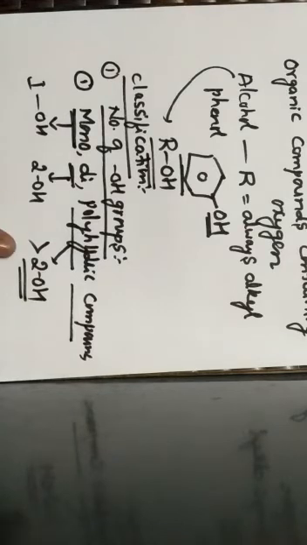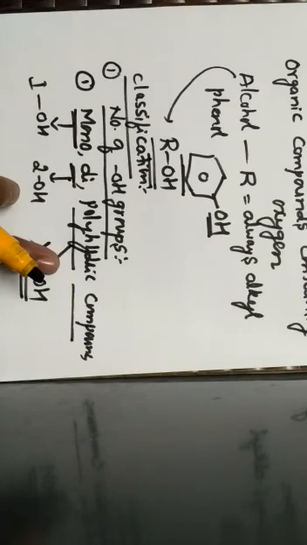Now, let us write the examples for monohydric, dihydric, and polyhydric alcohols and phenols. I will make two different categories: one with alcohols as the first, and the second phenols.